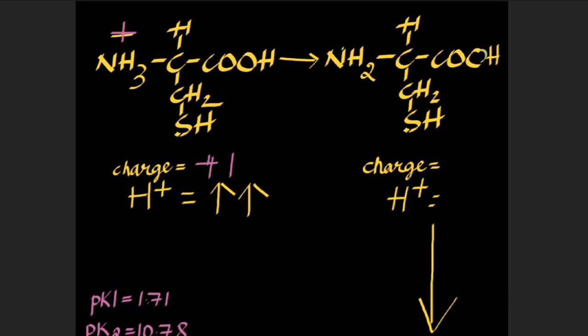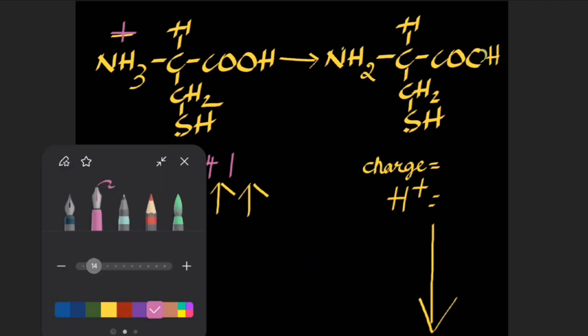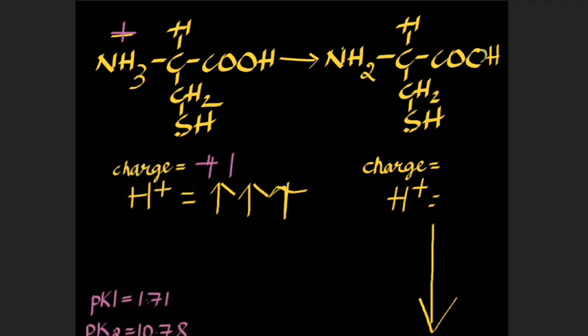So let us move to another one. As we move forward, the solution is getting less acidic. That means the concentration of hydrogen will decrease. In this one, the concentration of hydrogen was very high, so I'm going to put more arrows. In this one, the concentration of hydrogen is going to decrease a bit, so I'm going to put 3 arrows. Here we have 4 arrows, and here we have 3 arrows. I'm saying that the hydrogen concentration is getting less.